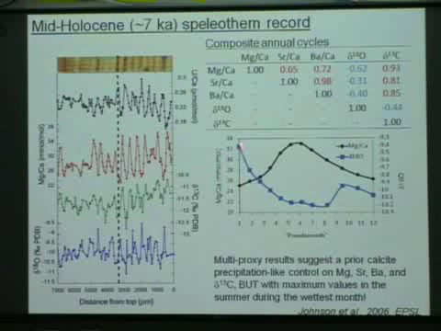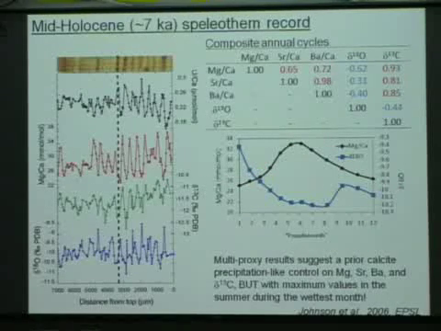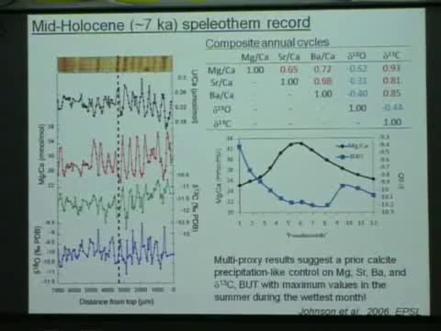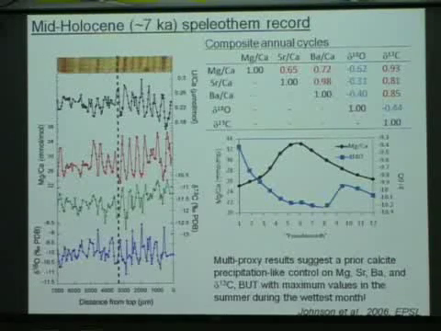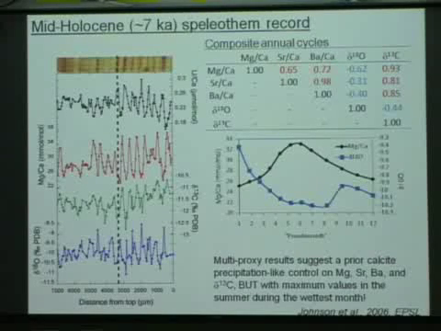So anyway, if you plot the delta 18O and the magnesium calcium versus month, you do see this anti-phase type behavior where the highest magnesium calcium and therefore strontium, barium, and delta C13 are all occurring during the summer, which does suggest that there might be a common control, but we're still trying to sort out what that might be, because while temperature would explain the magnesium, it doesn't necessarily explain the strontium, barium, and carbon isotopes.